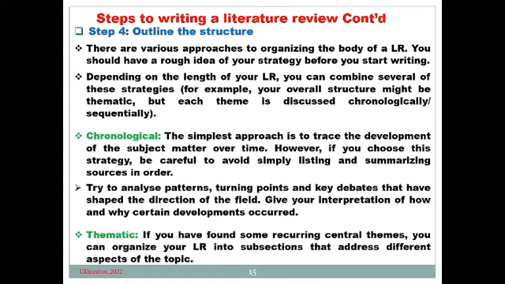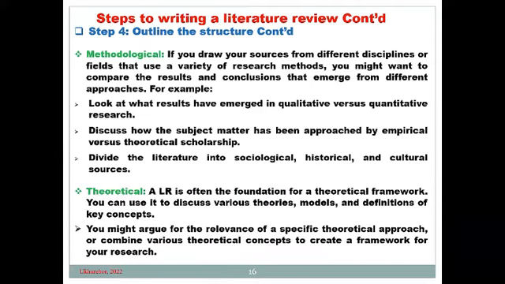Let's look at the thematic aspect. If you have found some recurring central theme, you can organize your literature review into subsections that address different aspects of that subject matter. Methodologically, if you draw your sources from different disciplines or different fields that use a variety of research methods, you might want to compare the results and conclusions that emerge from these different approaches.